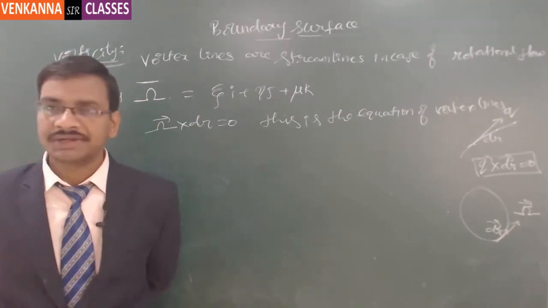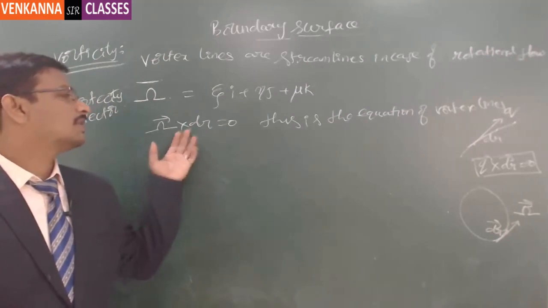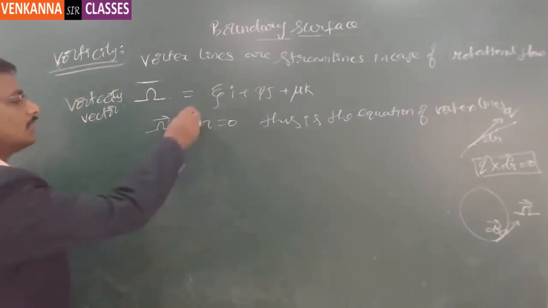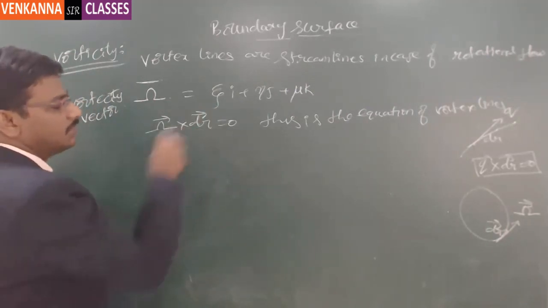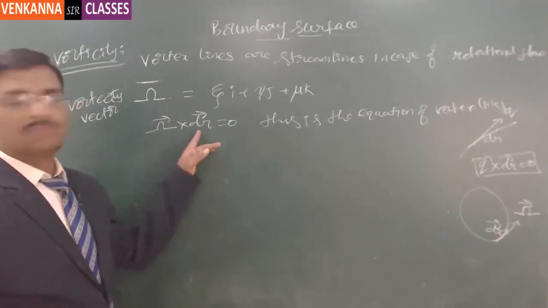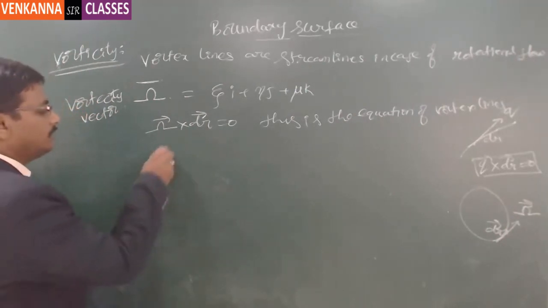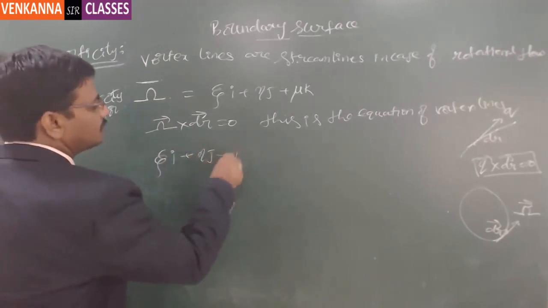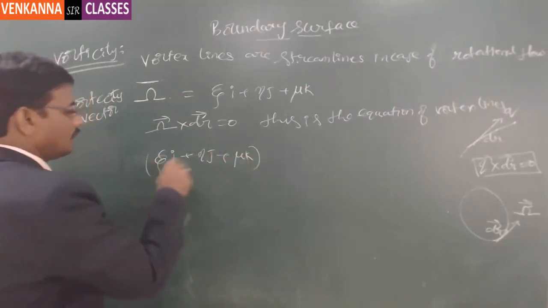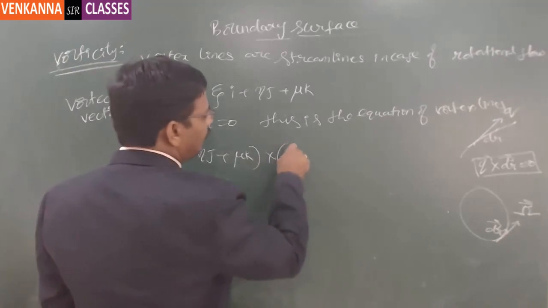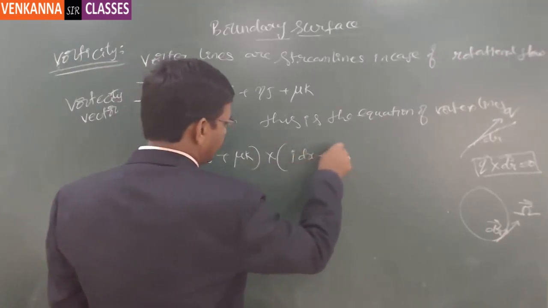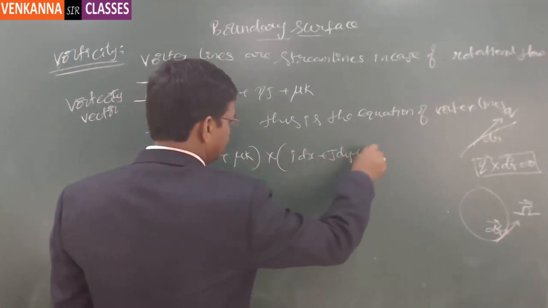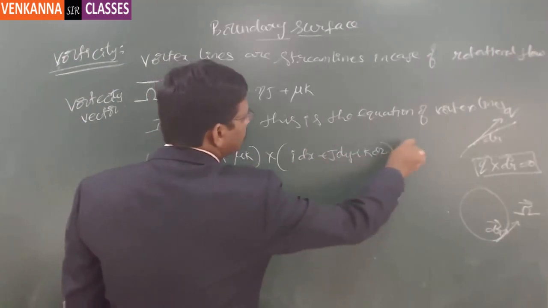That direction is defined by the vorticity vector cross dr. Both are vectors here, and dr is an elemental change in the space. So this will be (xi into i plus eta into j plus mu into k) cross (i dx plus j dy plus k dz) equal to 0.